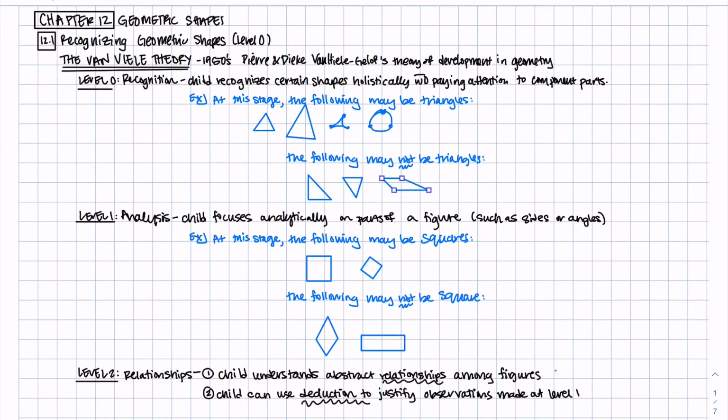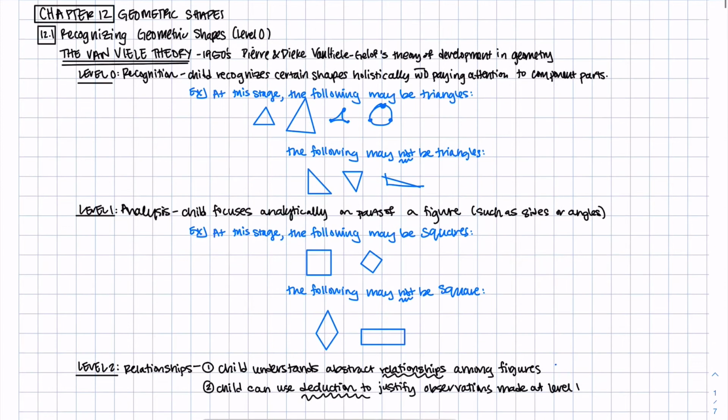Takes a couple tries on the iPad sometimes to draw things that you want to draw. Okay, more than a couple. There we go. Something like this may not be seen as a triangle, even though it is, or the longer, skinnier ones, they may not be able to recognize holistically as triangles, even if the shape is in fact a triangle.